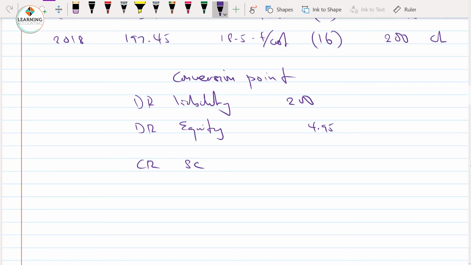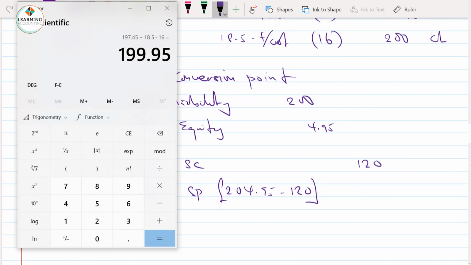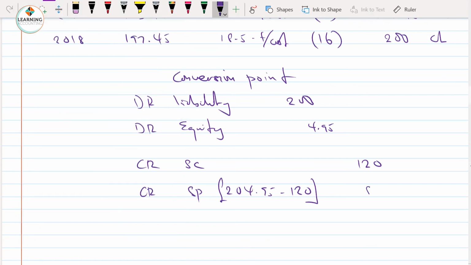So credit share capital of 120, since that's what they are converting to, and then credit share premium. Of course, anything above the par value becomes a premium. So we have 204.95 minus 120, and we have 84.95, and that is your share premium in respect of this question.